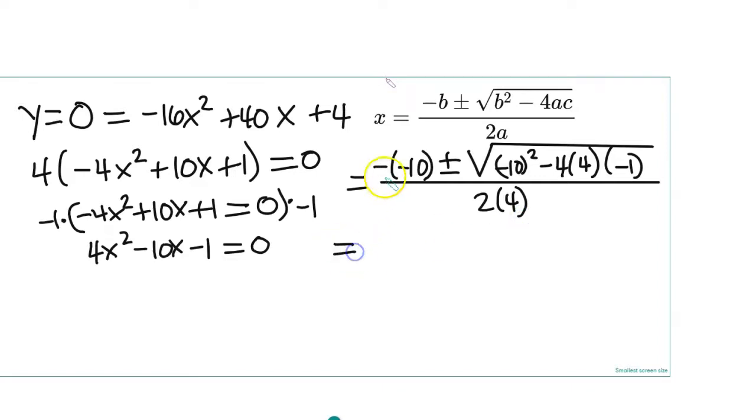Okay, so negative of negative 10 is 10. And we can split up this fraction with the plus and minus. That's just 10 over 8, plus and minus, and all of this is over 8.